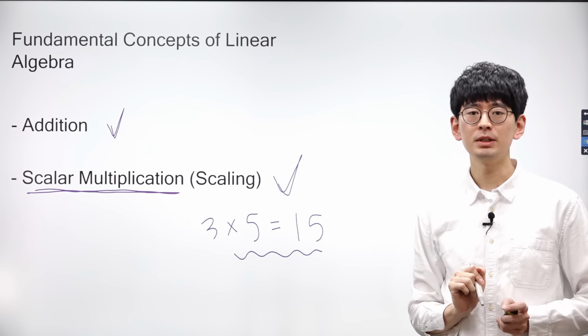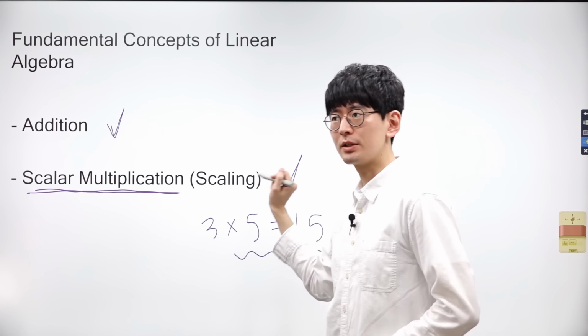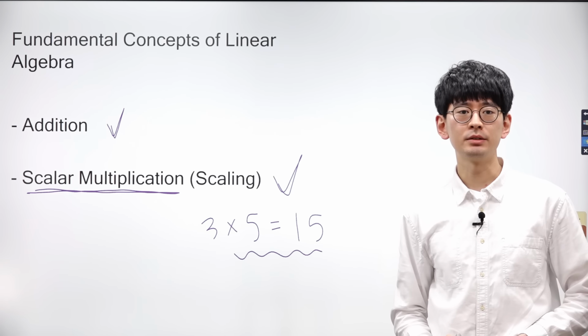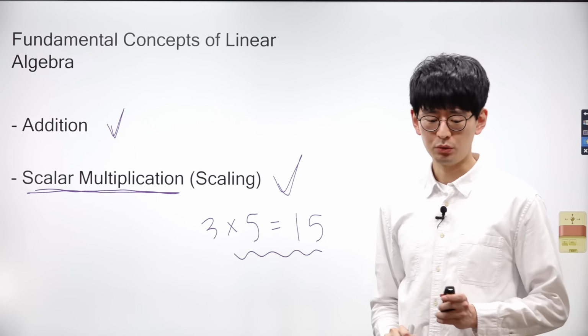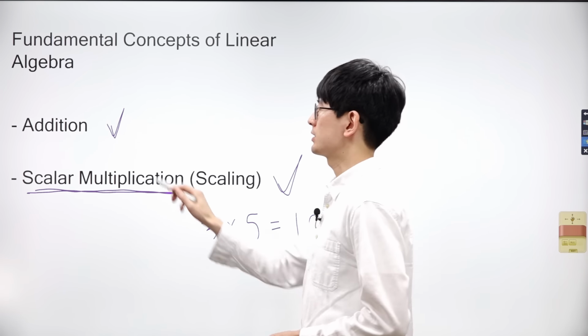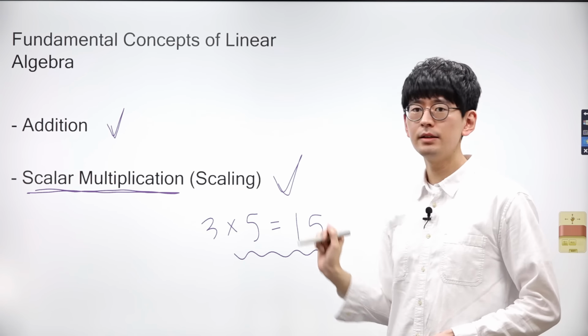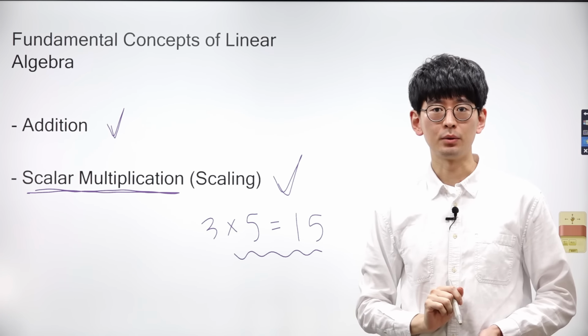So keep in mind that we have the operations of addition and subtraction, as well as scalar multiplication. It's important to note that scalar multiplication and multiplication for numbers are different, and scalar multiplication is for vectors and matrices.